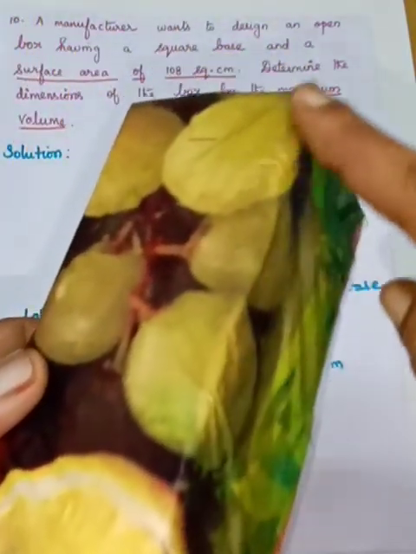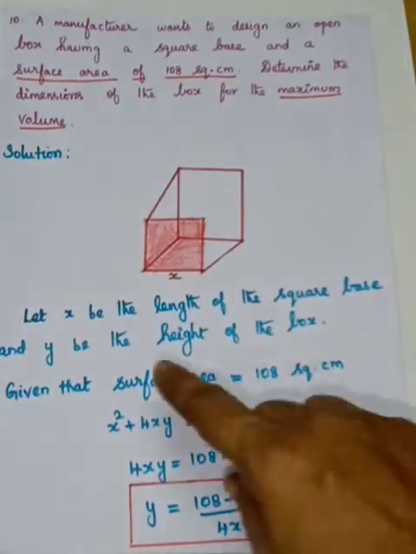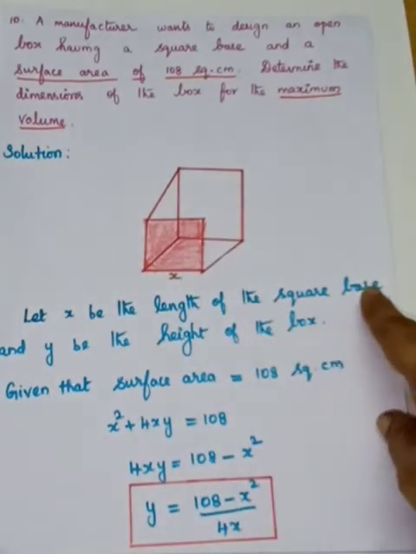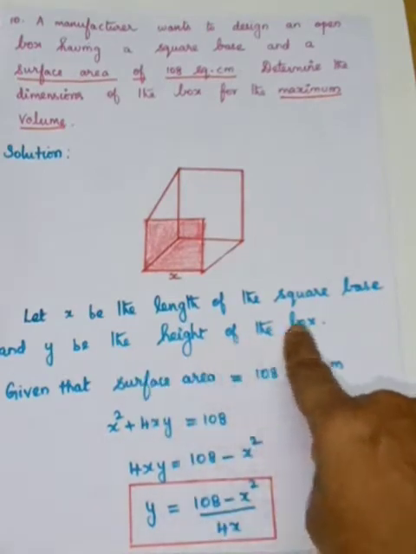You see that this is the height of the box. So you have two dimensions: x is the length of the square base and y is the height of the box. So we have taken that. Let x be the length of the square base and y be the height of the box.